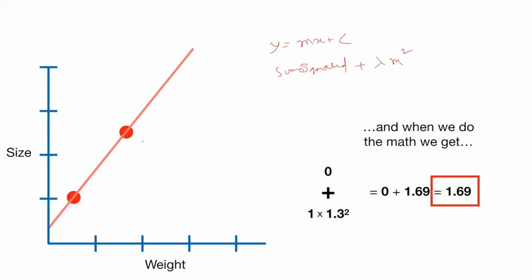The sum of squared value here is going to be 0 because this is exactly on point, right? There is no difference between the observed point and the predicted point. Then we have taken lambda value as 1, and the slope for the particular line was 1.3. So 1.3 whole square comes to 1.69.